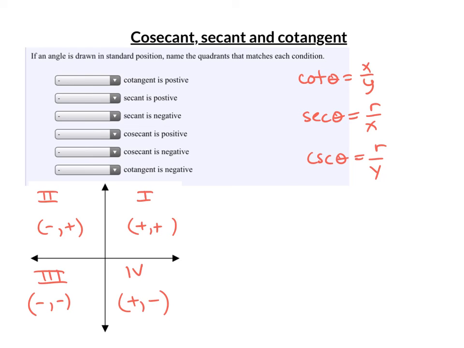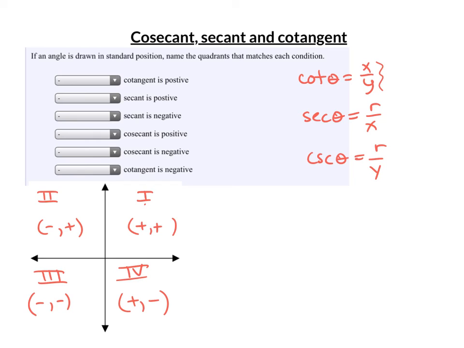So let's start with cotangent. When is it positive? When is x over y positive? Well, x is positive in quadrants 1 and 4, and y is positive in quadrants 1 and 2. So I want to make x over y positive.